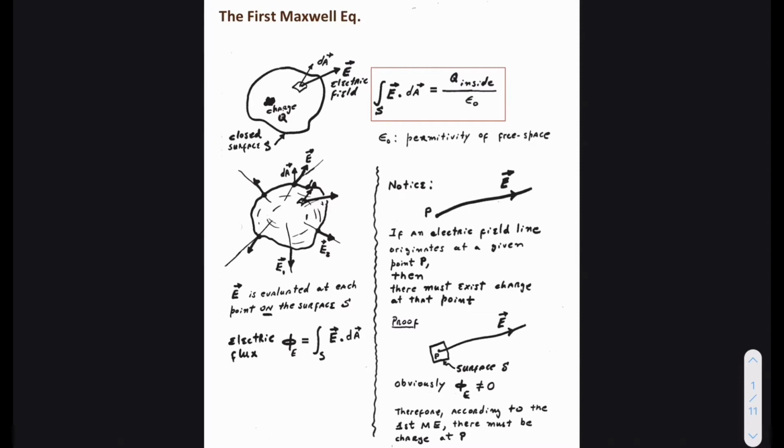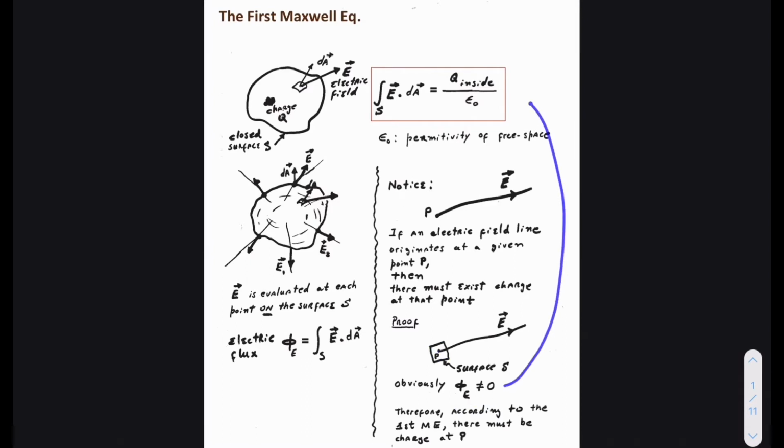For that, let us imagine a closed surface around this point P. Now, as the electric field is only going outside from here, but no electric field is entering here, the net flux phi E here is non-zero.